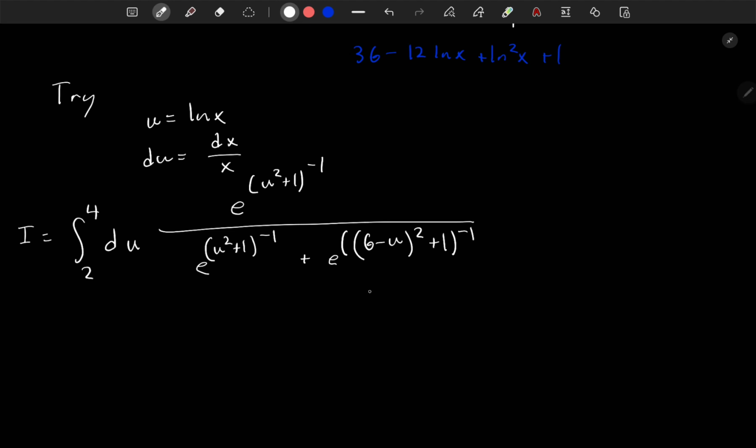Because this would be like a, say u equal, well, let's say y equals u minus 2. So 6, this right here.